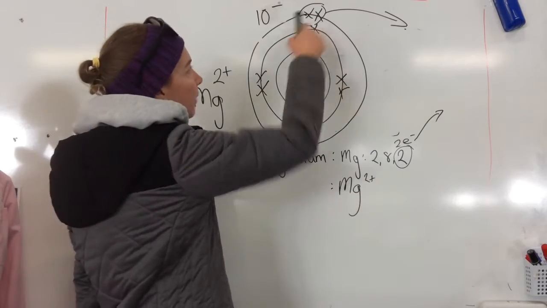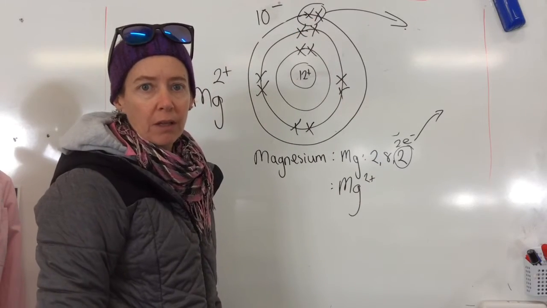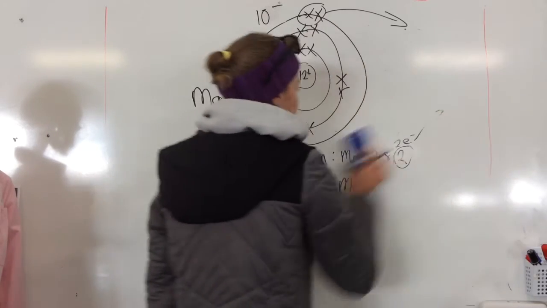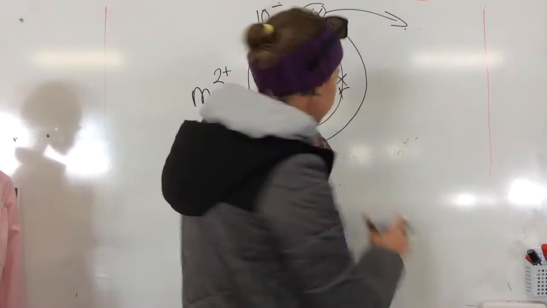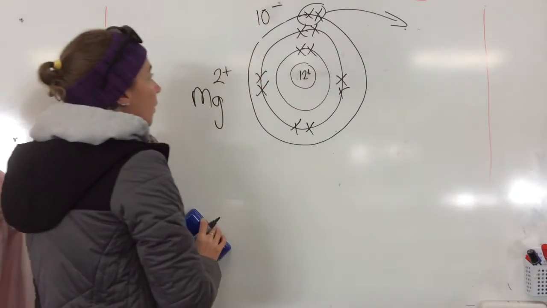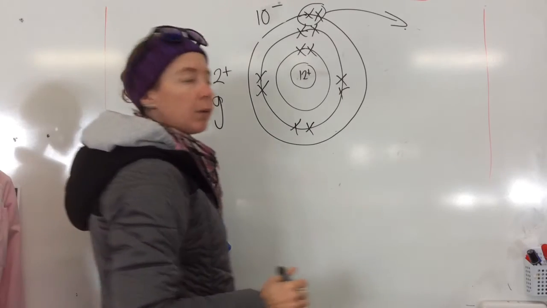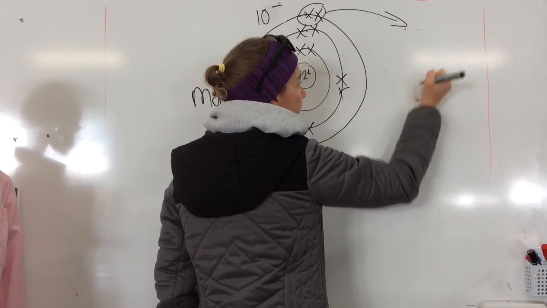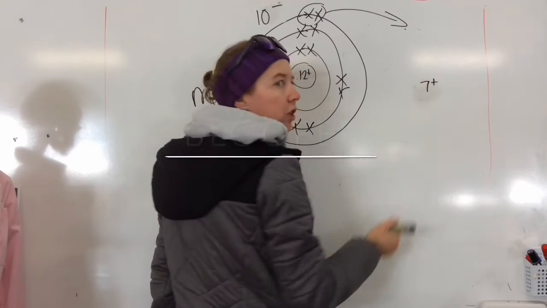Now what needs to happen? Something needs to accept those. And you did a couple of questions. I think it might have been chlorine. But I'm going to pick an easier one. So if we look at fluorine, fluorine is going to have 7 positive charges in the middle.